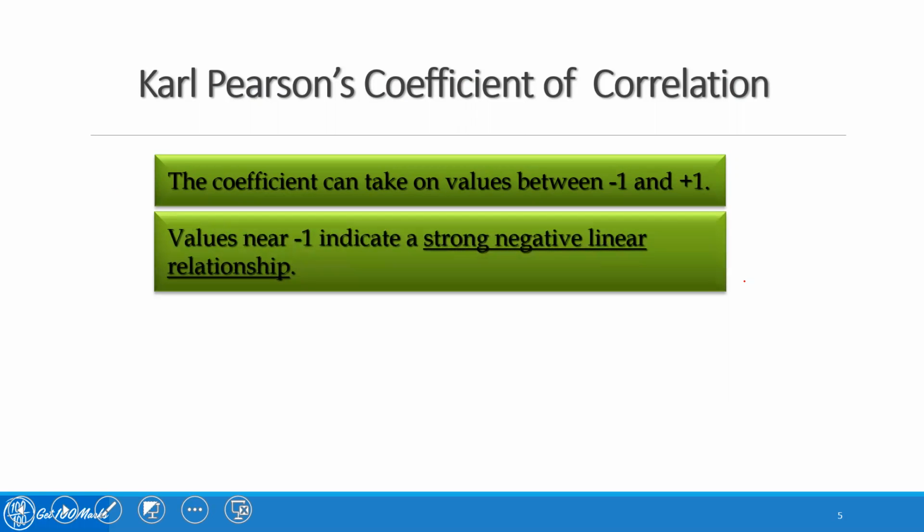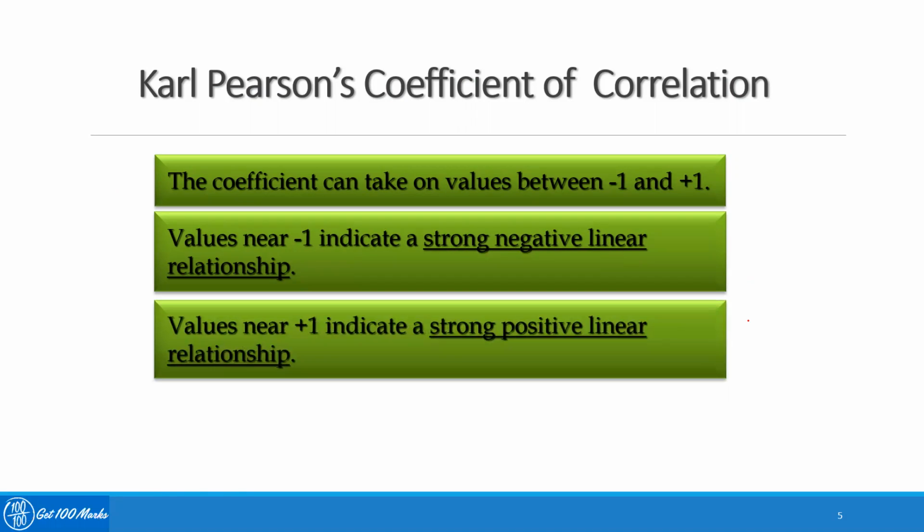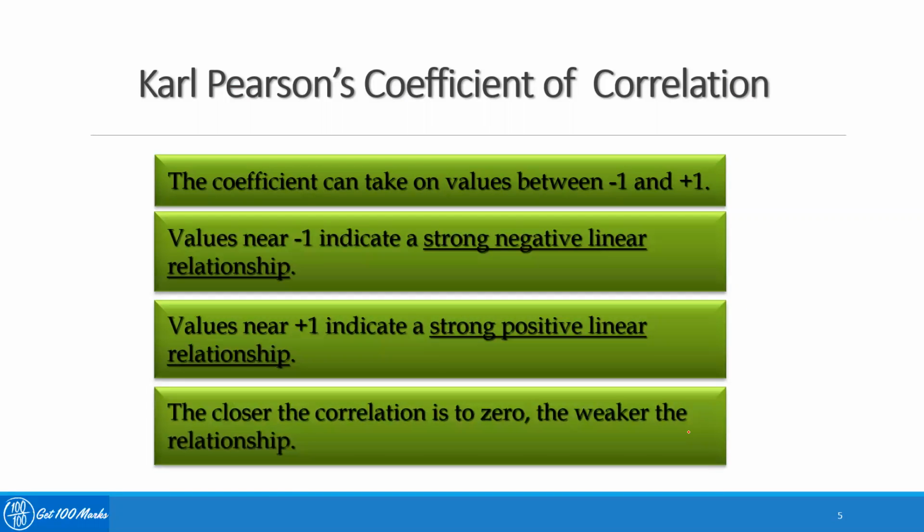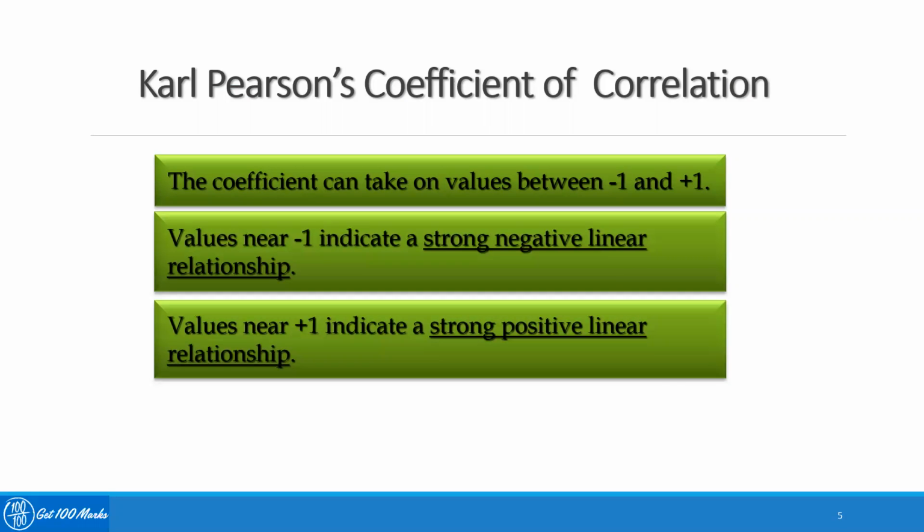A value near -1 indicates a strong negative linear relationship, and if it is near +1, then there is a strong positive linear relationship. And the closer the value of the correlation coefficient is to 0, that means there is a very weak or negligible relationship. So that's all about how to calculate the Karl Pearson coefficient of correlation.